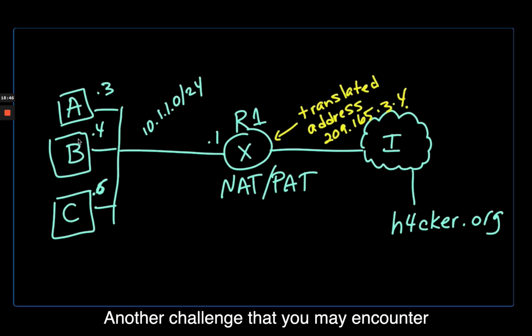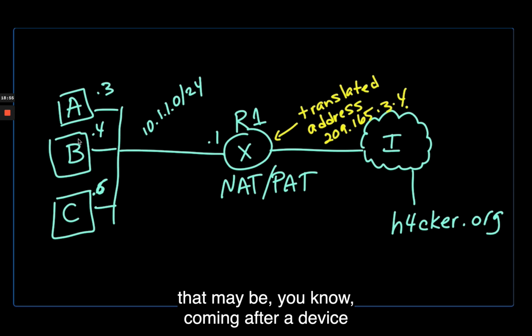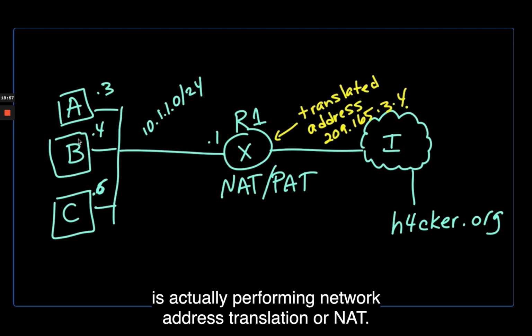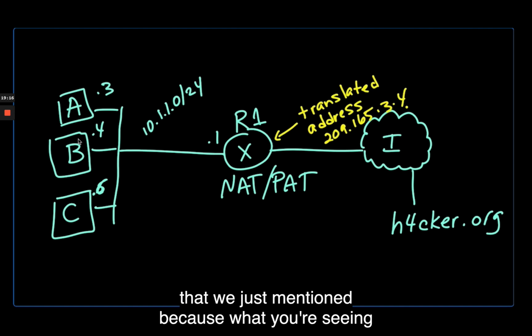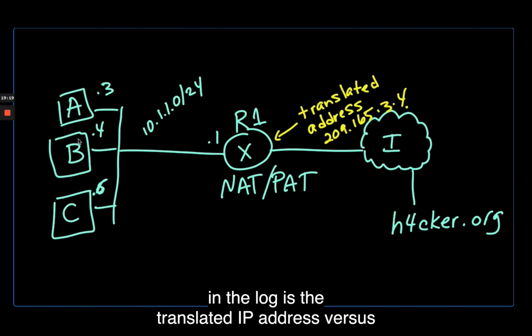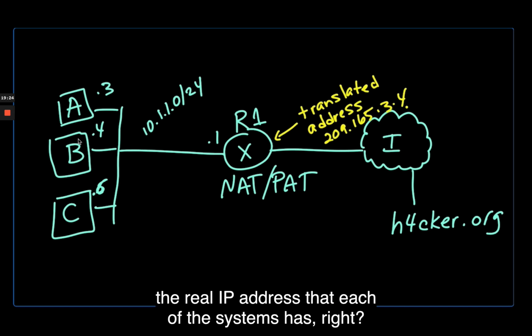Another challenge that you may encounter in the security operations world is whenever you're inspecting traffic coming after a device is performing network address translation, or NAT, and specifically port address translation, in other words, PAT, right? NAT can present a challenge whenever you're performing security monitoring and analyzing logs and many other things, like even NetFlow that we just mentioned, because what you're seeing in the log is the translated IP address versus the real IP address that each of the systems has.